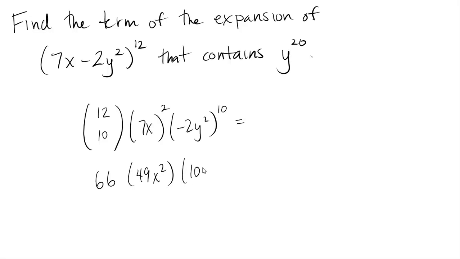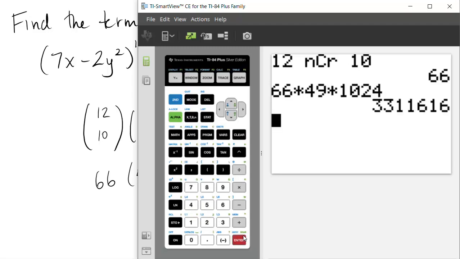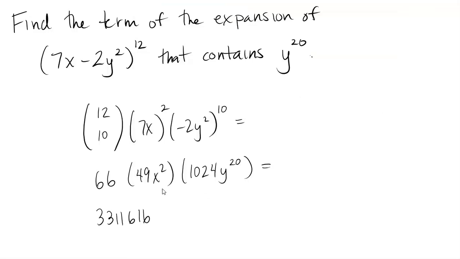Negative 2 to the 10th is positive 1024. Y squared to the 10th is y to the 20th, and it better be, because remember, we're trying to get the term that contains a y to the 20th. Now I can't do that multiplication in my head. 66 times 49 times 1024 is 3,311,616. X squared, y to the 20th.